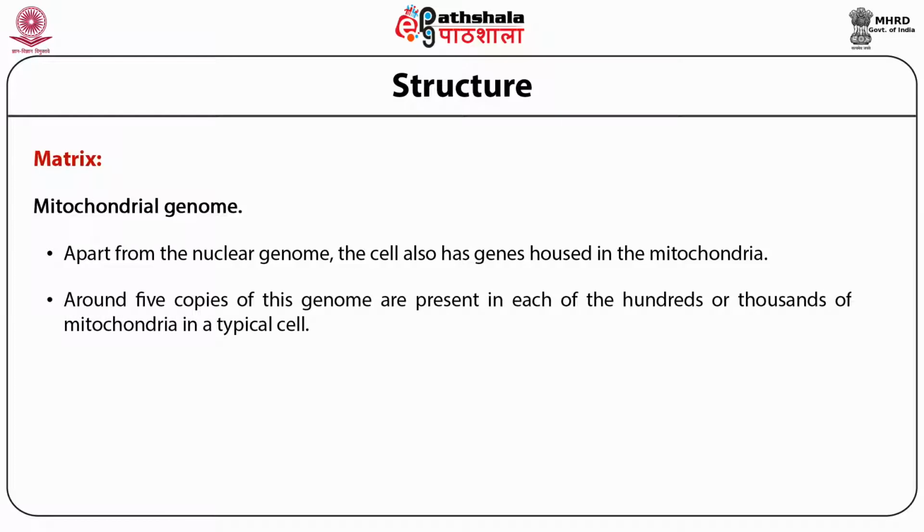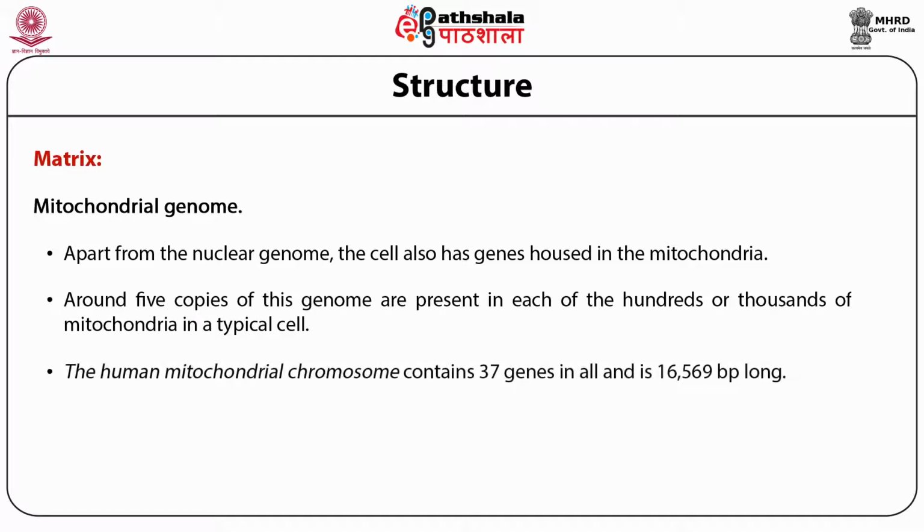Around 5 copies of this genome are present in each of the hundreds or thousands of mitochondria in a typical cell. Mitochondrial DNA lacks histones and hence is not packaged into nucleosomes. The human mitochondrial chromosome contains 37 genes in all and is 16.5 kb or kilobases long.